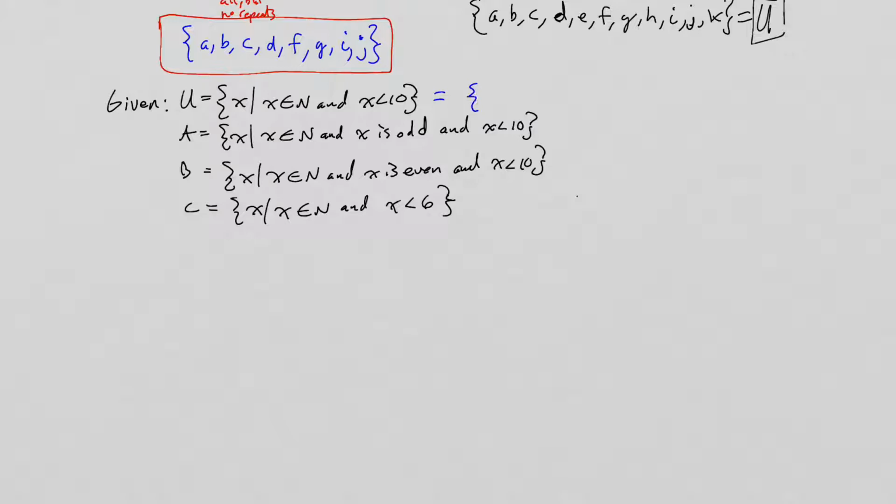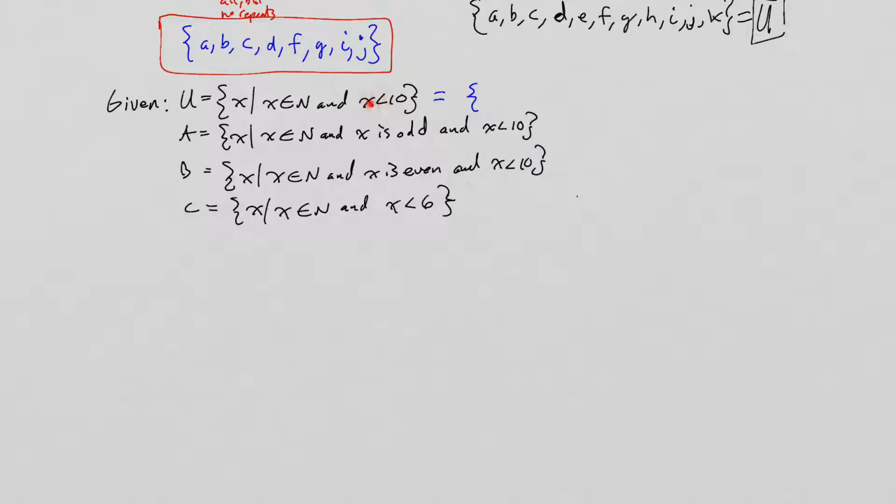So the set of all x such that x is an element of the natural number system, which is one starting at 1, and it goes up 1, 2, 3, 4, 5, 6, 7, so on and so forth, and it has to be less than 10.